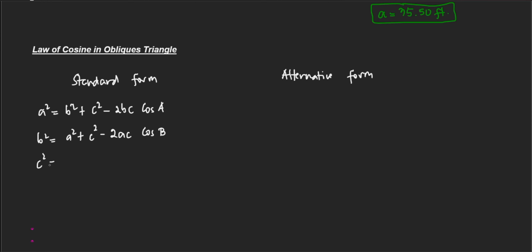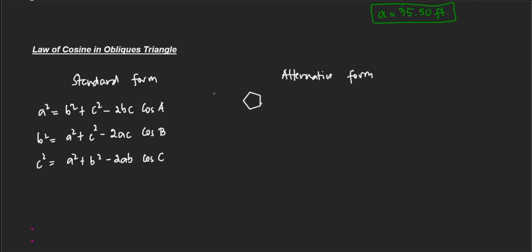Then c squared. We have a squared plus b squared minus 2ab then cos c. So these are the formula under kay standard form.